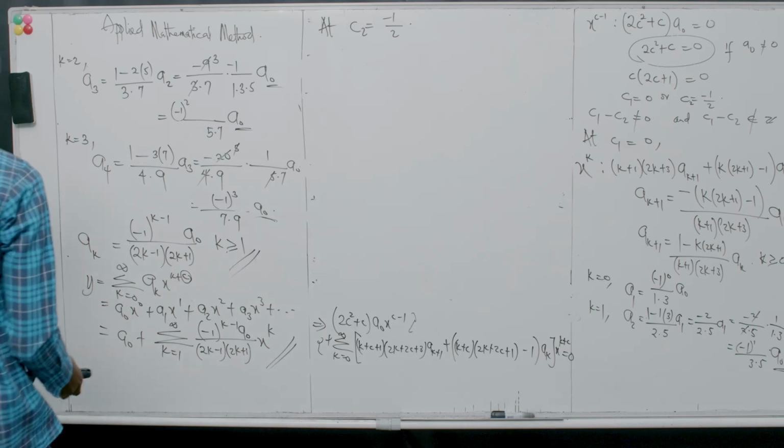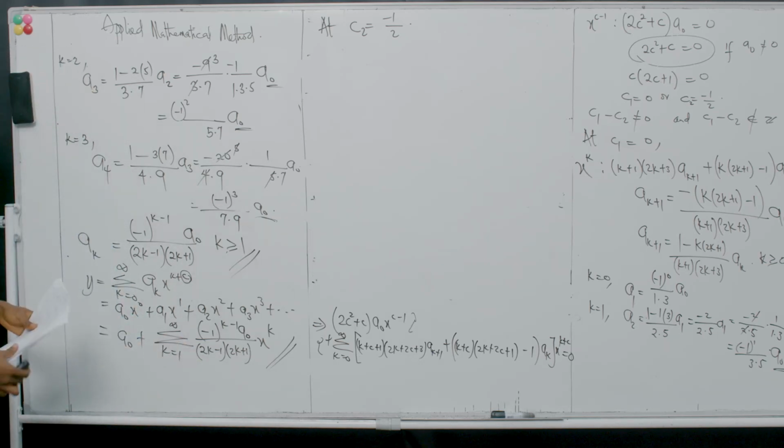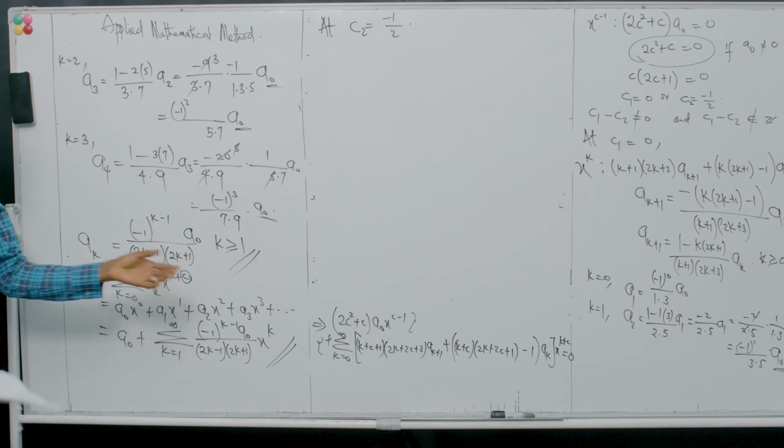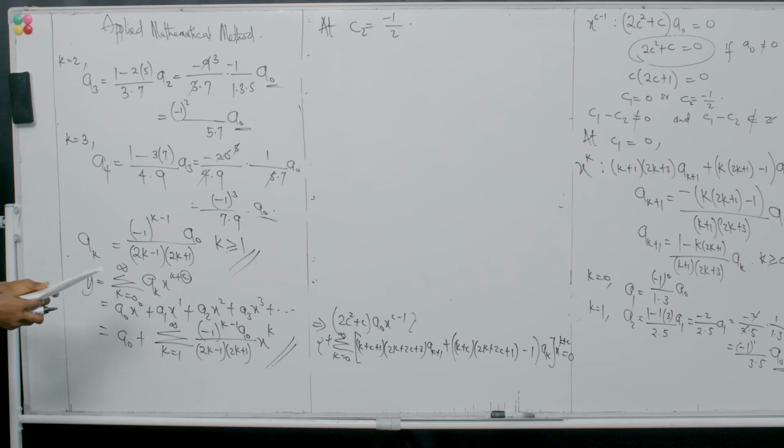So we have gotten this one for a naught. Remember I said that you can factorize a naught that is common here and bring all of them together if you like. That is your own choice to make. And even if you do that, you would simply be saving yourself a lot of stress, right?